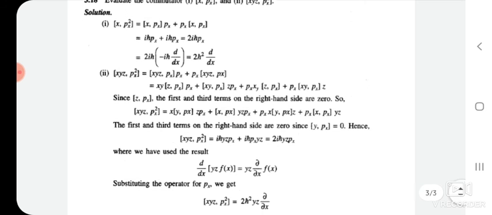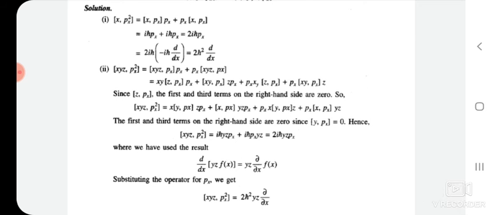Similarly, [xyz, px^2] is equal to [xyz, px] px plus px [xyz, px]. Next, [xy z, px] px plus [xy, px] z px plus px [xy z, px] plus px [xy, px] z.